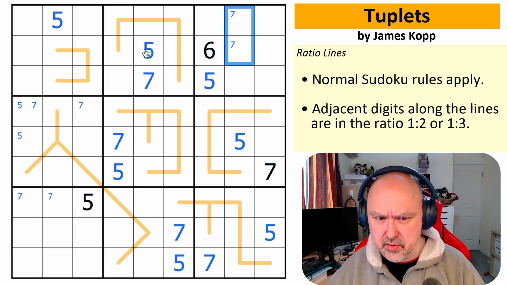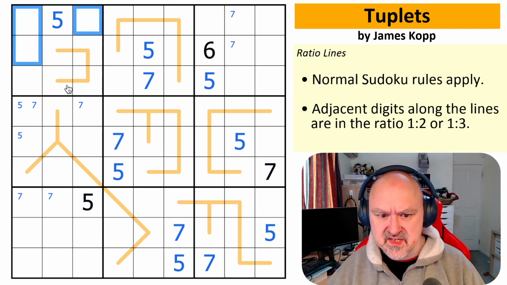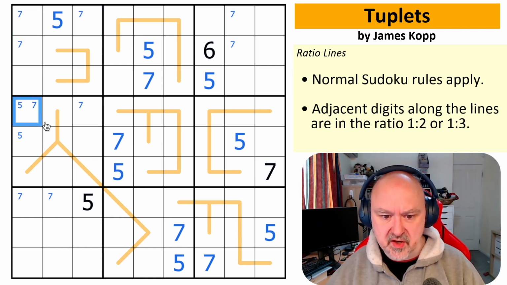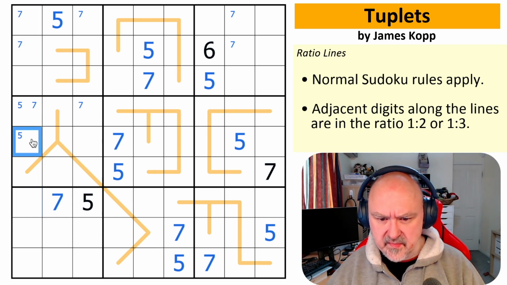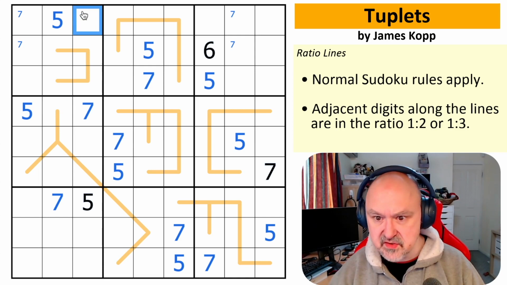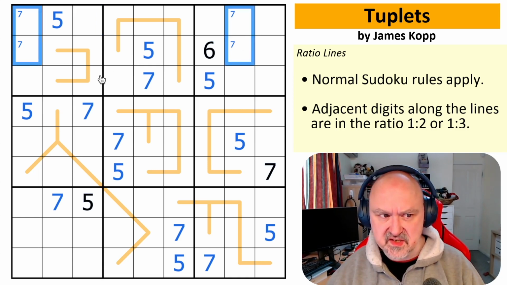I'm not sure. 7 is in one of those 3, which lines up with that, which makes that the 7. That's not the 5, so this is the 5, this is the 7, this is not the 7. I've got all the 5s and I've got 7s into an X-wing.